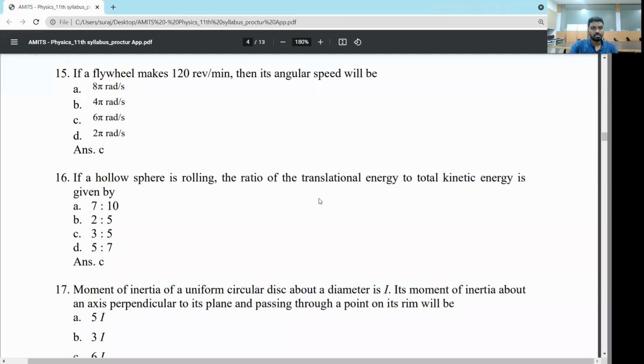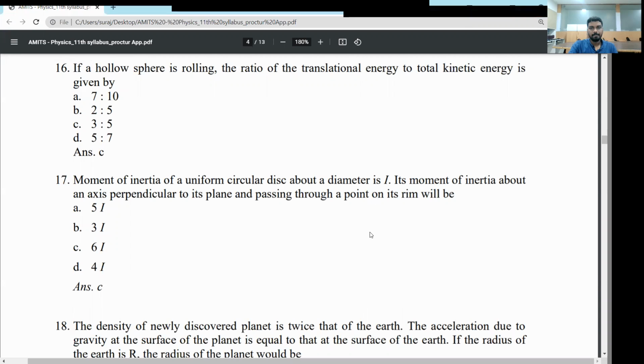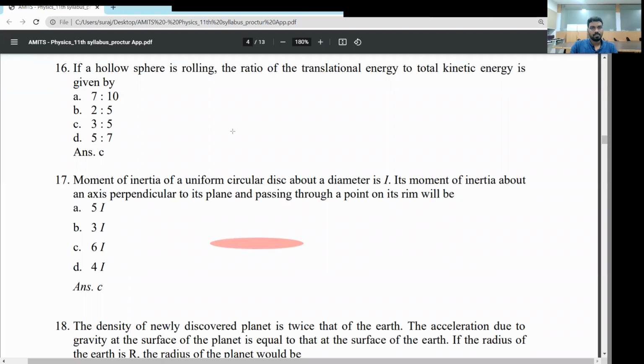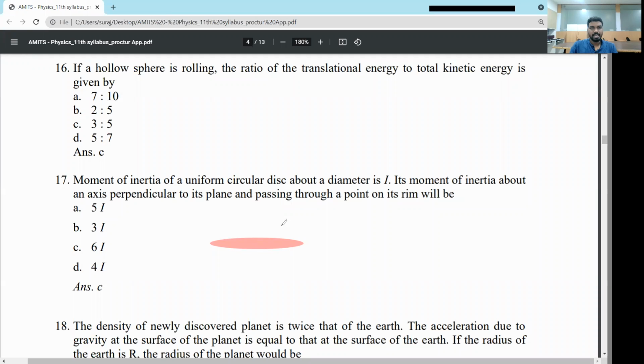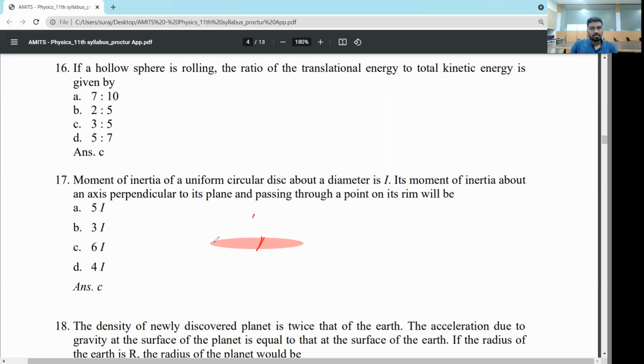Coming to question number 17. Moment of inertia of a uniform circular disc about a diameter is I. Its moment of inertia about an axis perpendicular to its plane and passing through a point on its rim. There is a disc given. So the moment of inertia about a diameter is I. This will also be I because it's a symmetric object.